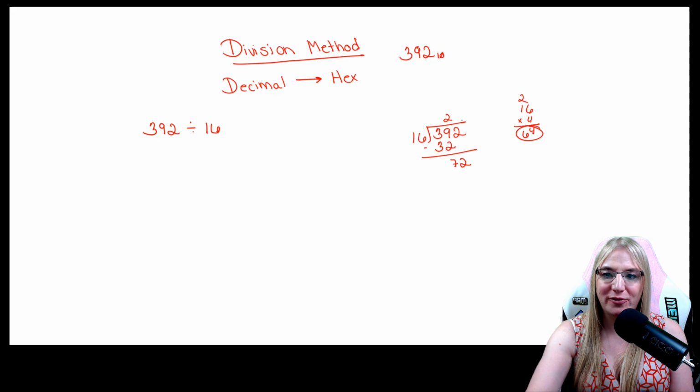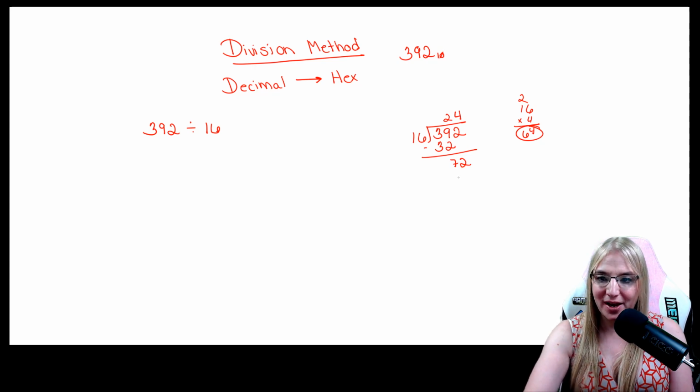Yeah, so it's going to go 4 times. It's going to get us close to 72 with 64. Take the difference, and this is going to give us 8. So our remainder is 8.